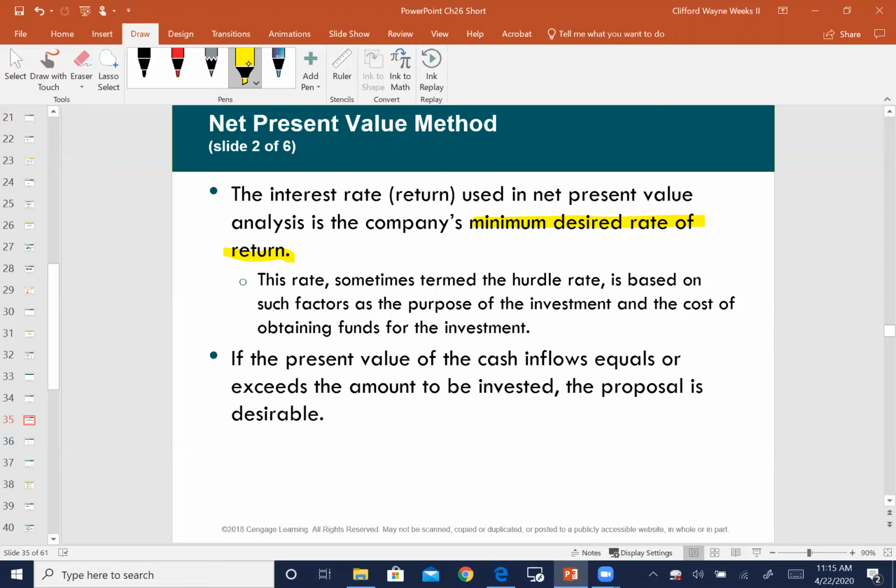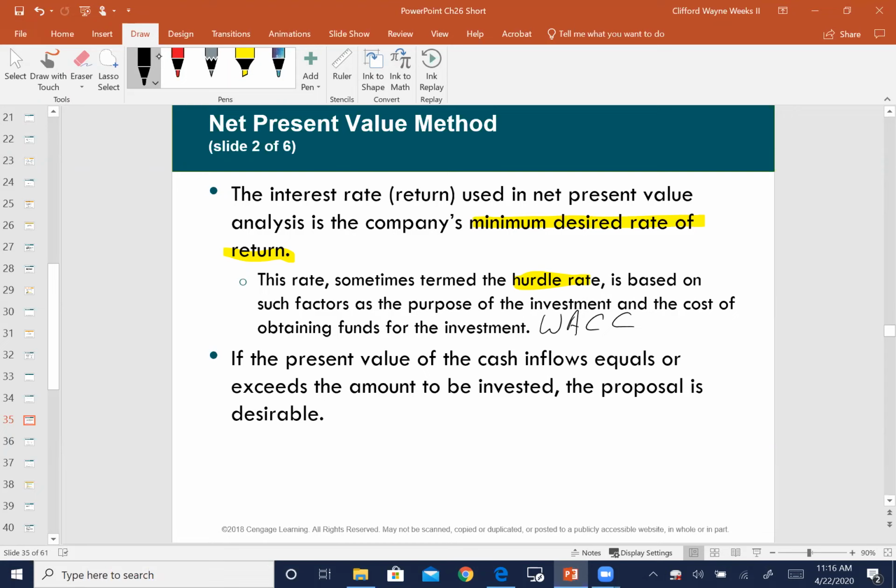Luckily for you guys, this is always given to you. This is the rate, sometimes termed the hurdle rate. I mentioned that earlier. It is based on factors such as the purpose of the investment and the cost of obtaining funds for the investment. Know that this is what's referred to as the weighted average cost of capital.